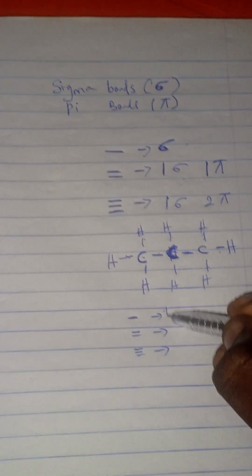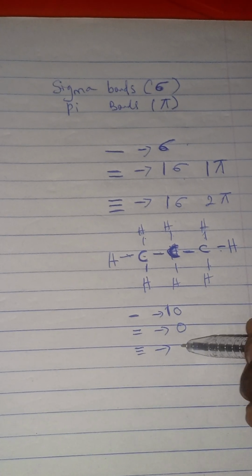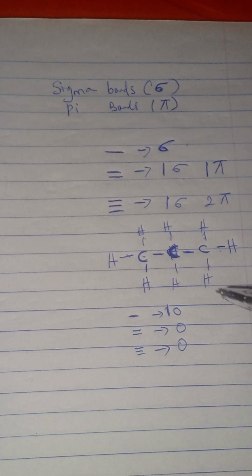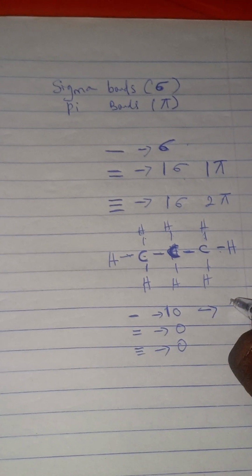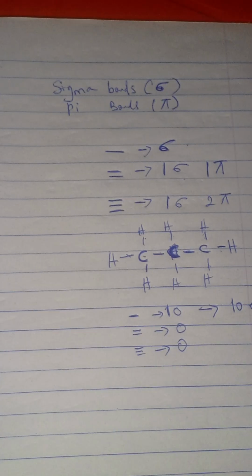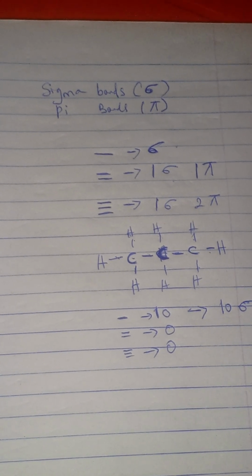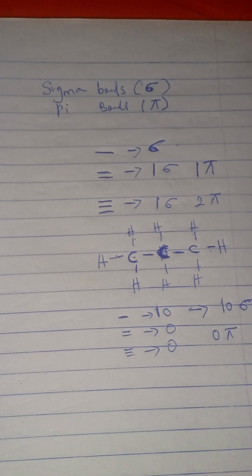So there are 10 single bonds. How many double bonds? 0. How many triple bonds? 0. And I told you that one single bond has one sigma, which means we have only 10 sigma bonds present. We have 10 sigma bonds, right? And we have 0 pi bond. I hope this is explanatory.